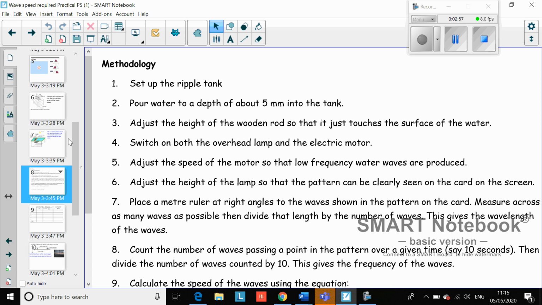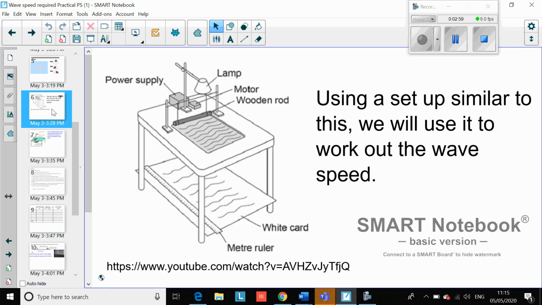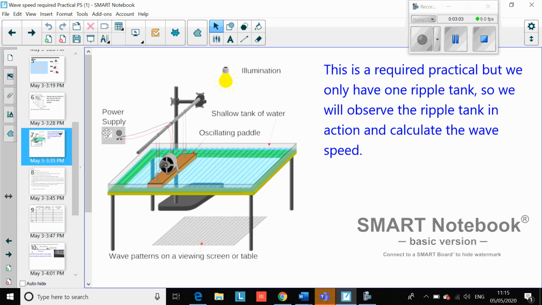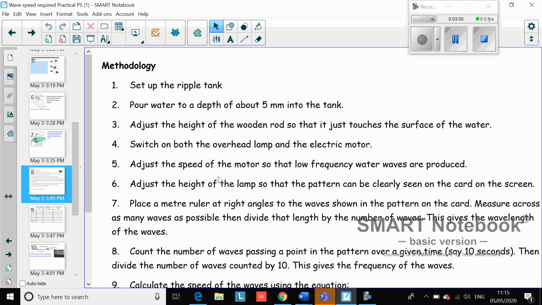To do that, you can set the frequency on the power supply. It's an alternating power supply, so you would simply set it on there. Adjust the height of the lamp so that the pattern can be clearly seen on the card screen. So basically, the first few steps are just showing you how to set up the experiment.